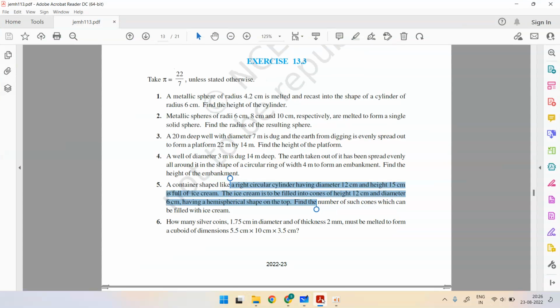Question: a right circular cylinder having diameter 12 centimeters, means radius is 6 centimeter, and height 15 centimeters, full of ice cream. The ice cream is to be filled into cones of height 10 centimeter having a hemisphere on the top. Any number of such cones. This you can say is a good question.